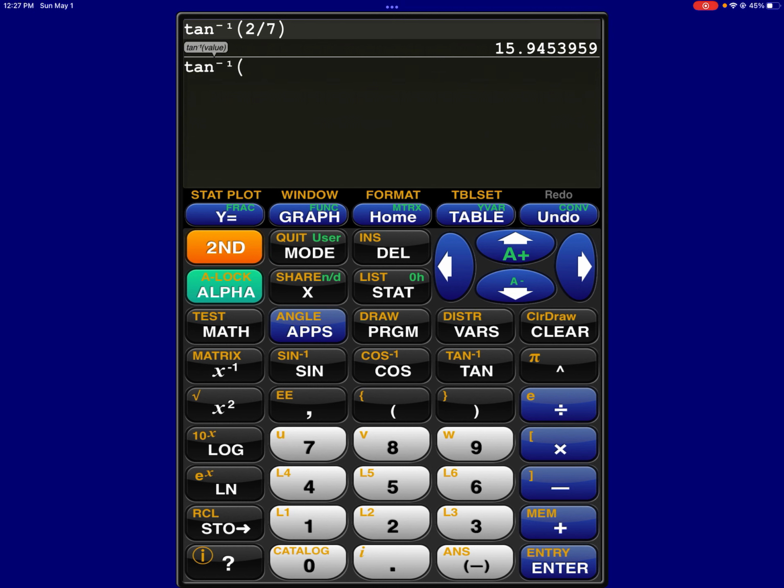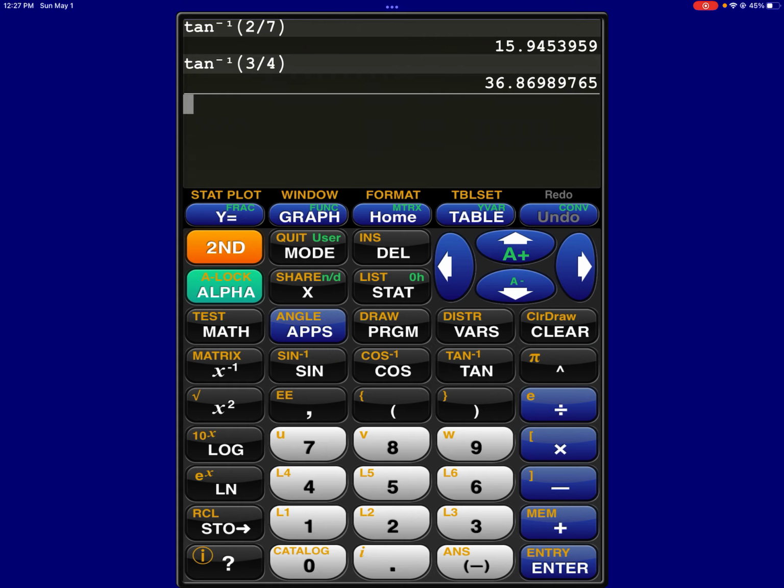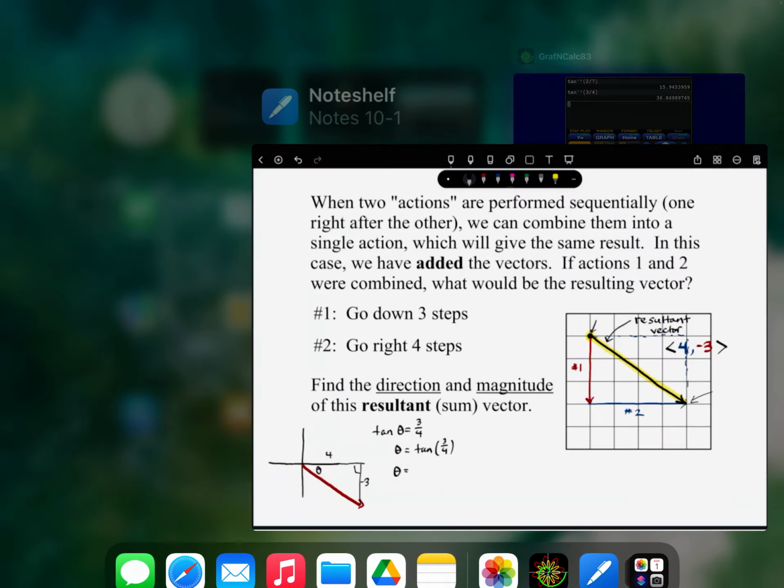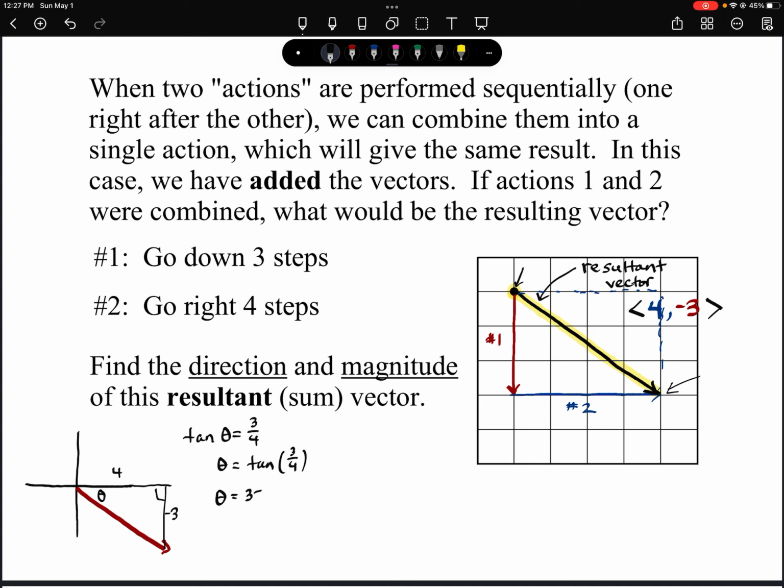So we'll say inverse tangent of 3/4. You'll see it's 36.870. But we know that that's a first quadrant angle.